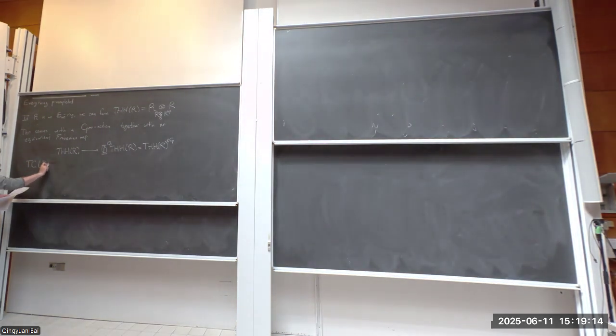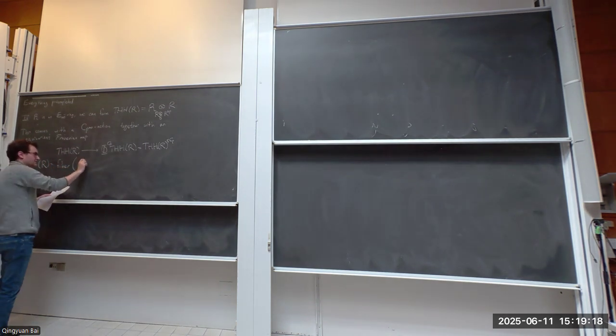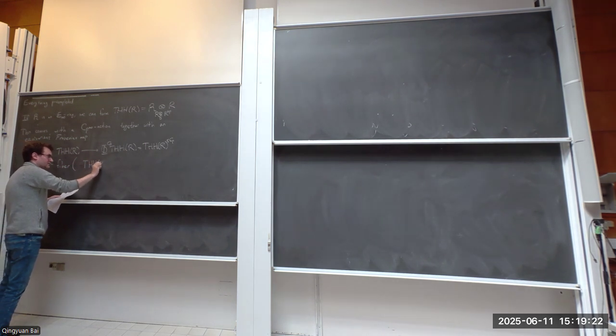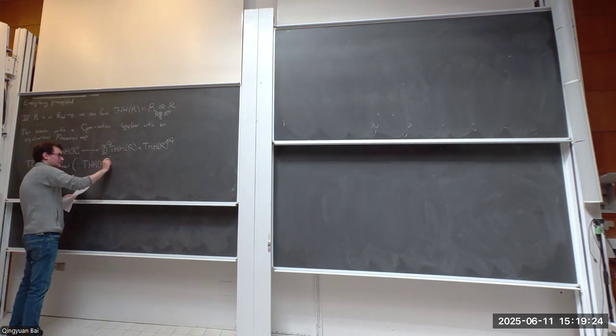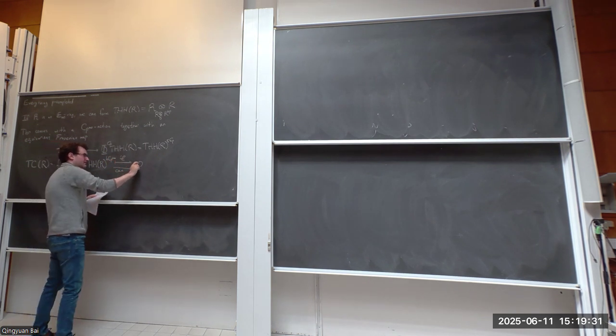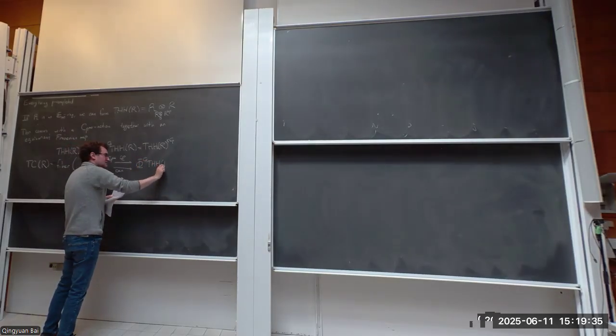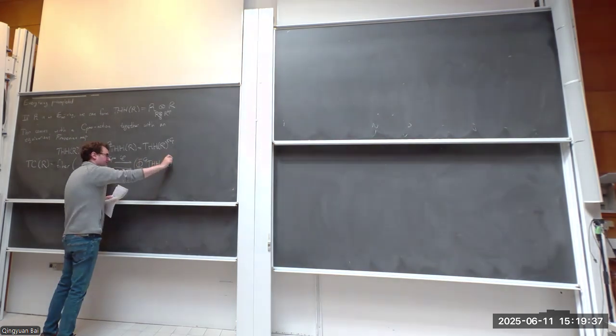TC of R is the fiber of two maps, one of which is the Frobenius map, the other is called the canonical map.